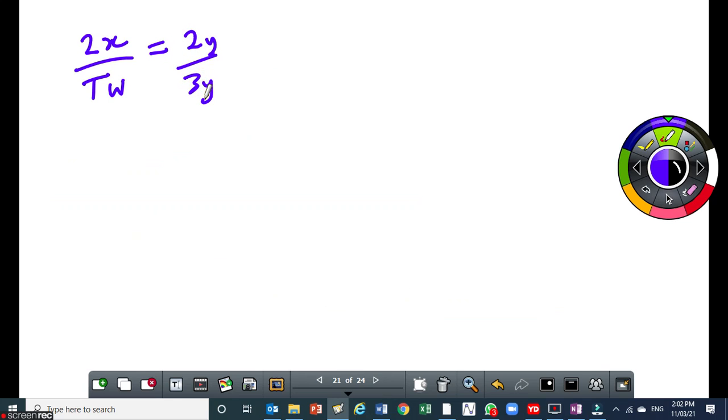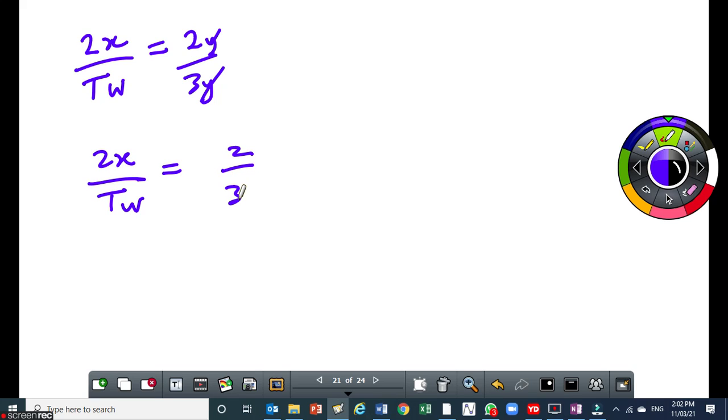Like that. You might be wondering how it is going to end up solving for y or removing the y. It's very simple. Because of division here, the y and the y will cancel out. Then we are going to end up having 2x over TW is equal to 2 over 3.